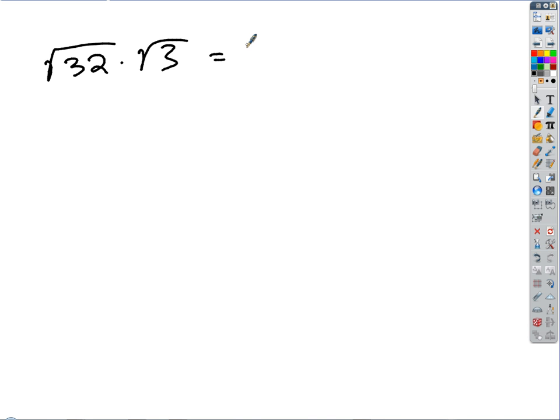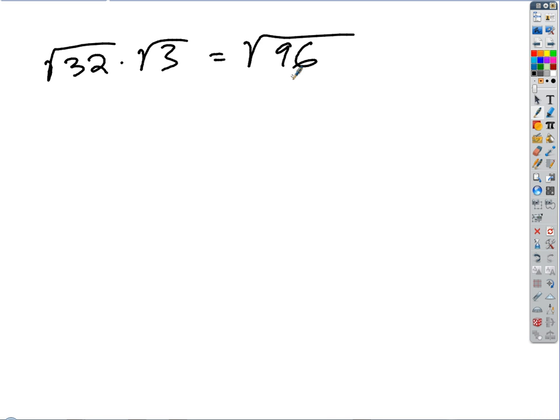So 3 times 32 is what? 96. Good. So we got the square root of 96, and now we'll just look for the biggest perfect square factor of 96, right? So let's see, 96 is not a perfect square, right? Half of 96 is what, 48?